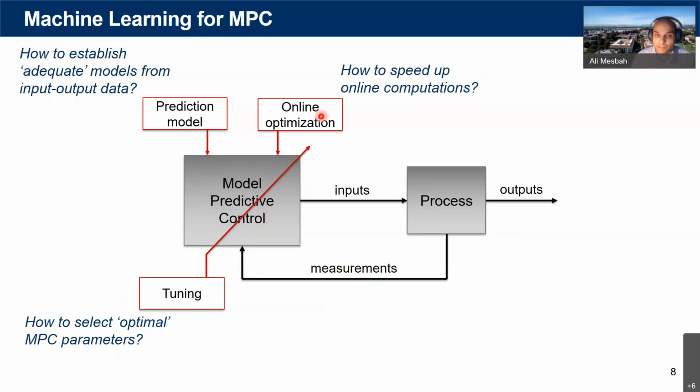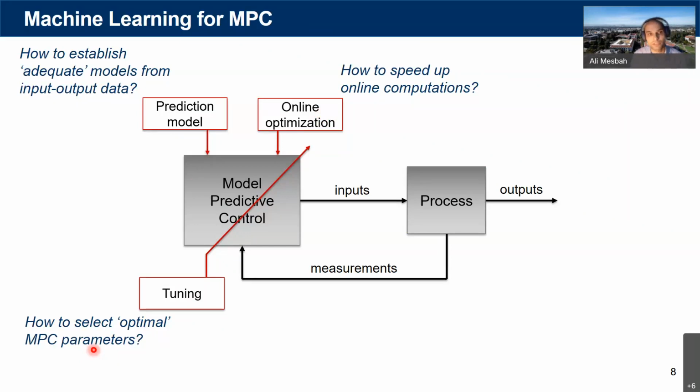enabling faster online computation of the optimization problem, and how we can systematically select the calibration parameters of MPC. And the point is machine learning and AI can really be leveraged.